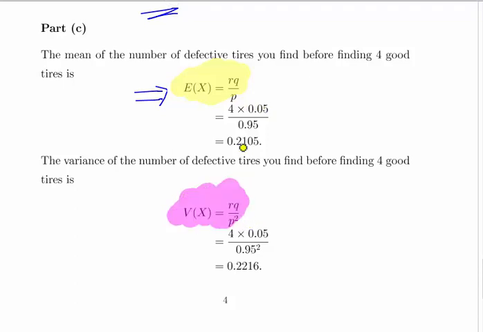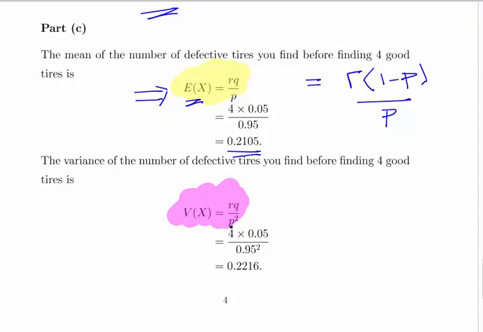So r times q over p, which is r times 1 minus p over p, and that is 4 times 0.05 divided by 0.95. That gives us 0.2105. So on average, about 1/5 of a defective tire. We can get a real number as an answer to an expected value, even if the probability distribution is discrete.